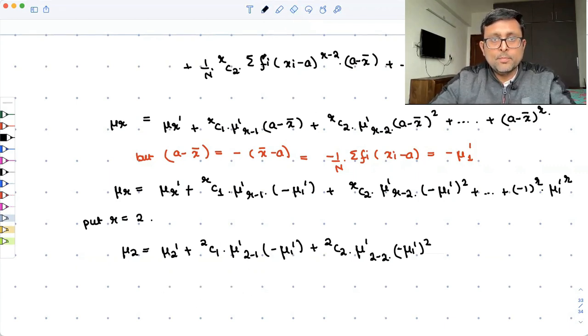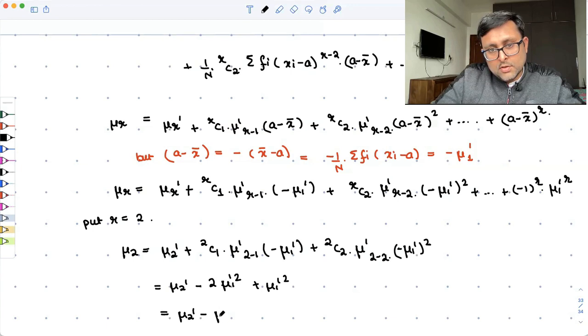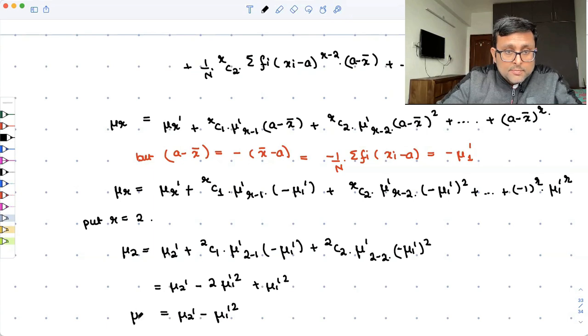It is mu2 dash minus 2 mu1 dash square plus 2c2 is 1, this mu0 is 1, minus, but this thing becomes plus. So minus mu1 dash square is plus mu1 dash square. So this comes out to be mu2 dash minus mu1 dash square. This is what this is.